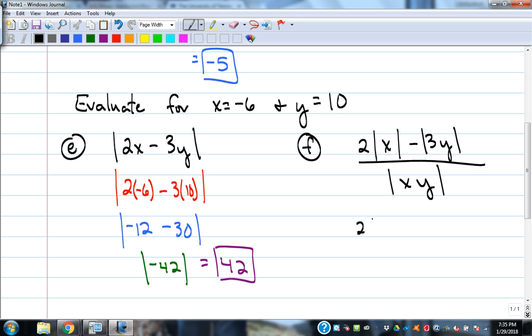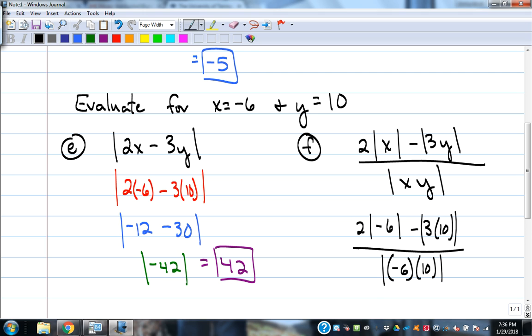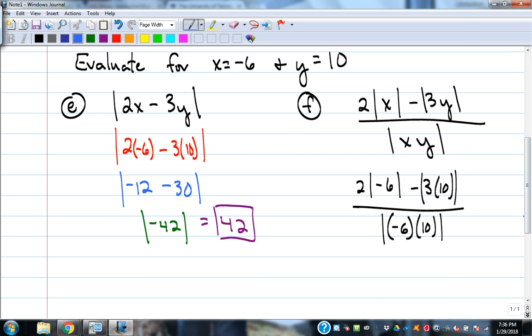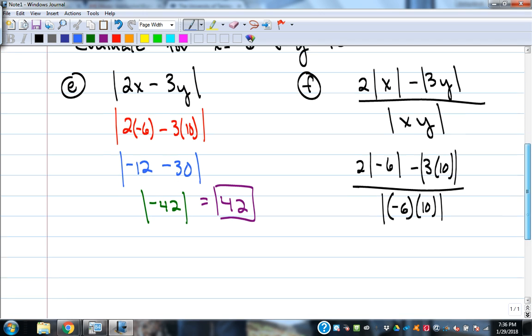So I'm plugging in 2 times absolute value of -6 minus 3 times 10 in absolute value over -6 times 10 in absolute value. So I'd work the numerator, then I'd work the denominator separately and simplify from there.